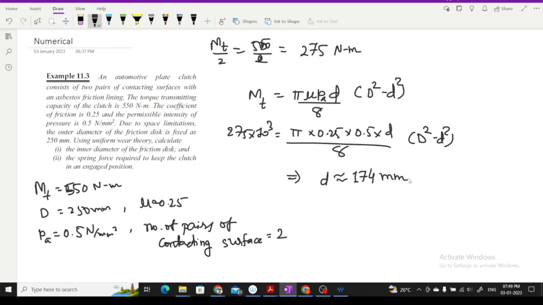Okay, so do you want to generate that cubic equation and try to solve it? Yes, sir. So please try and tell me whether you are getting one of the roots near to this one.